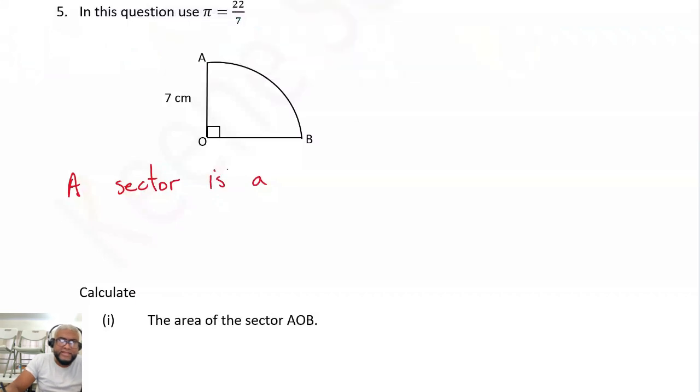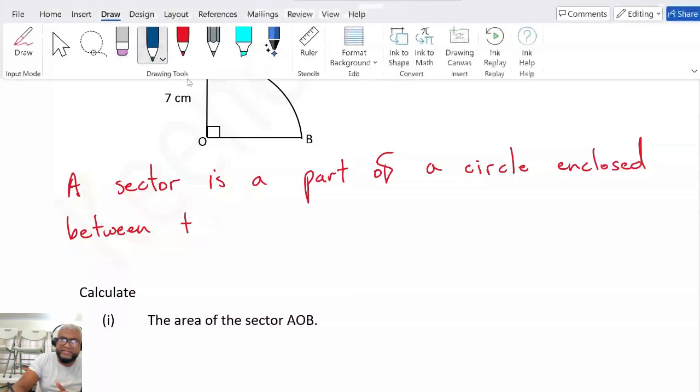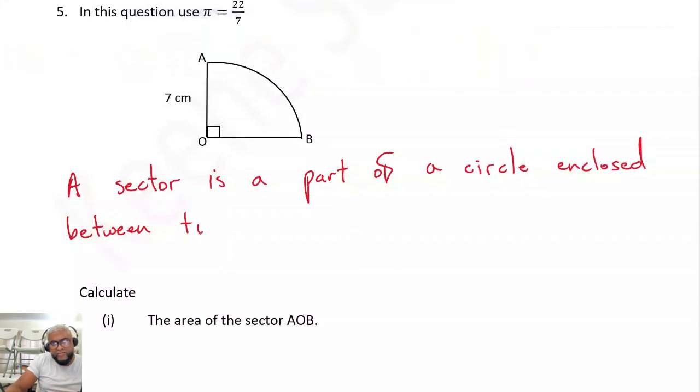Yeah, that's okay. A sector is a part of a circle enclosed between two radii. Now, something I did not tell you all above there is the plural of radius is radii, right?